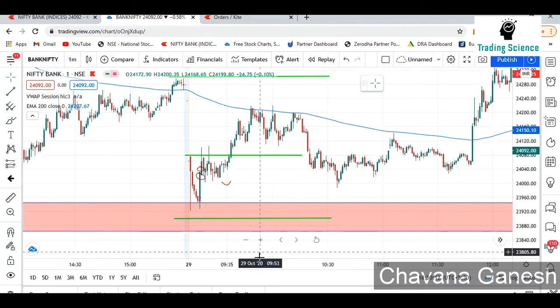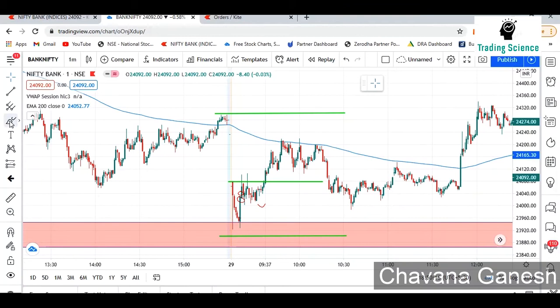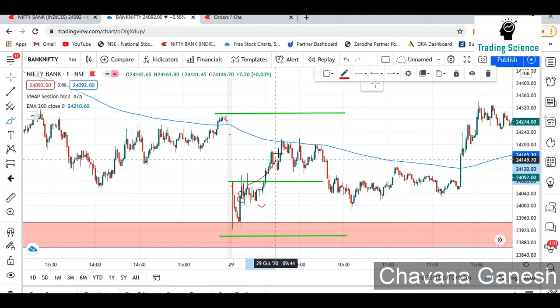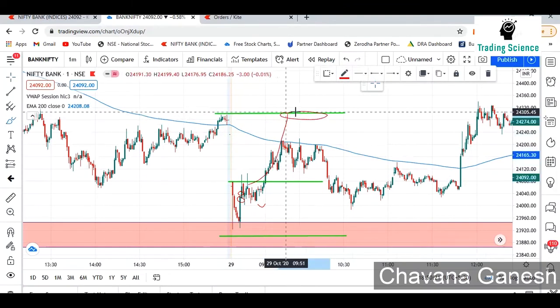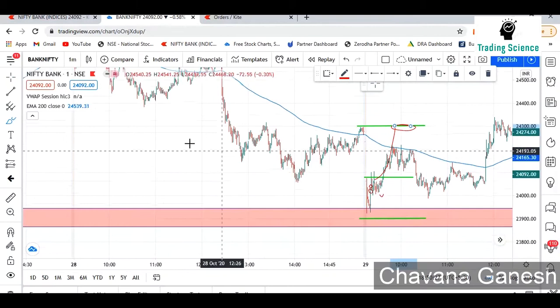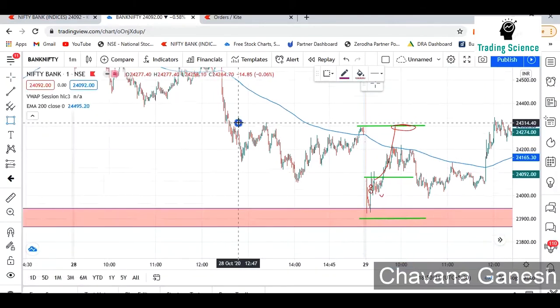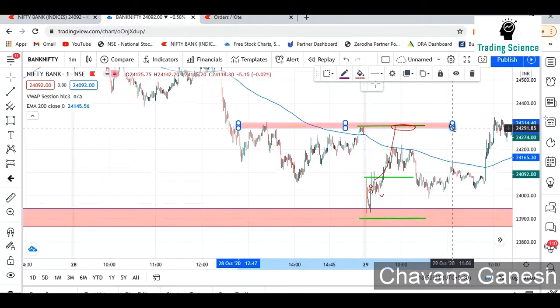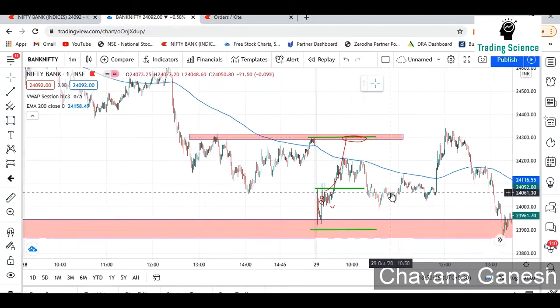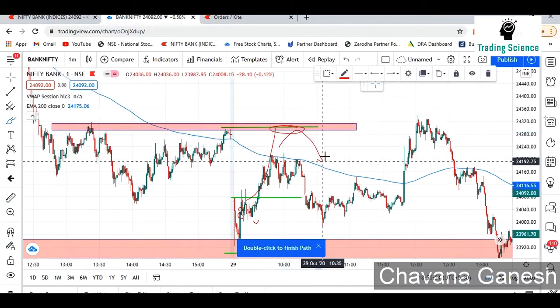My plan was, when it crossed these levels, I expected a move up to here, because there is a support-resistance level at these levels. Let me zoom out. You can see the support and resistance levels over here. Even though the market reaches these levels, it will come back again. From here it can come down again. This was my plan.